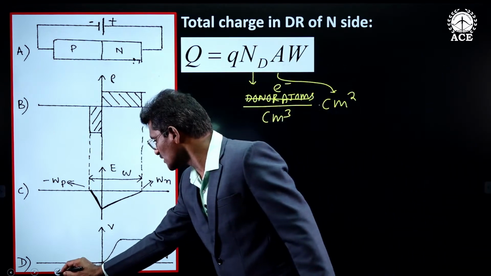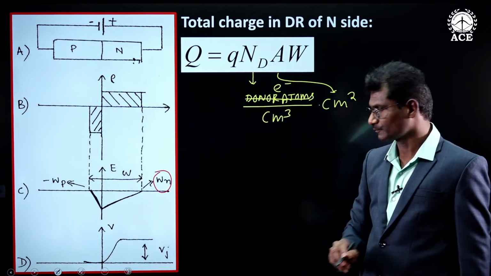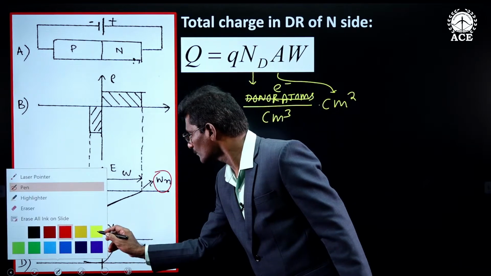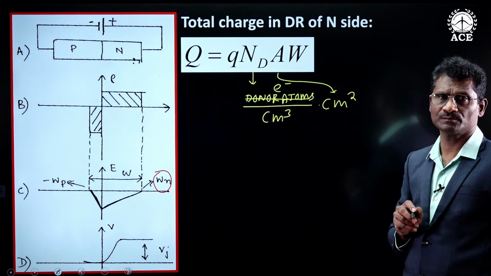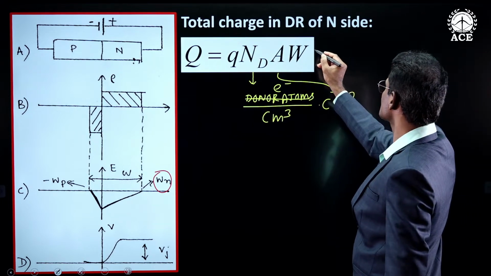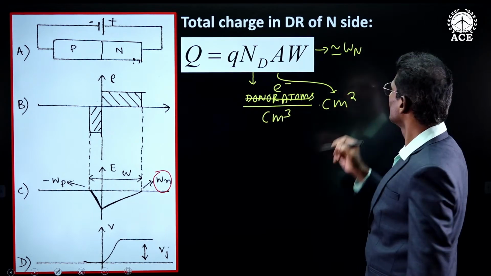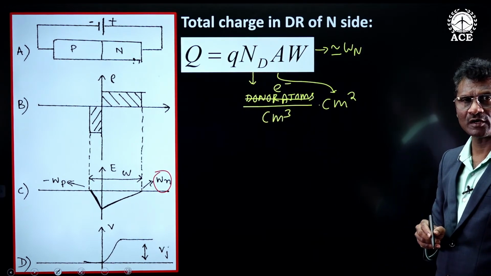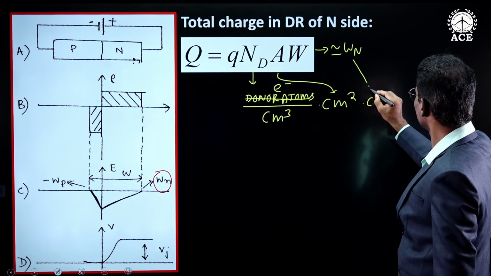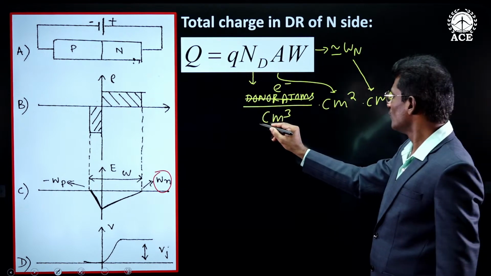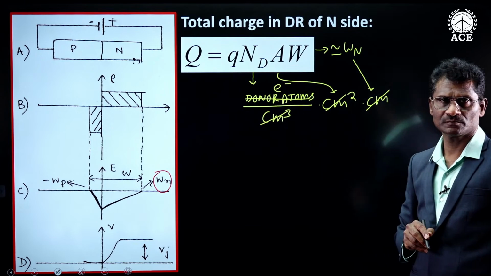The depletion region exists in N side up to Wn. Now this Wn is approximately W. The unit for W or Wn is centimeter. If we cancel out, we are left with number of electrons.